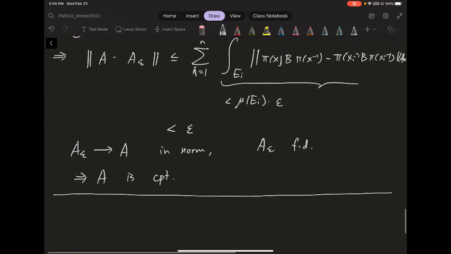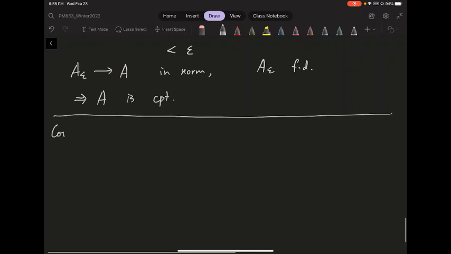Well, as an immediate corollary, what we have is the following. So let's think about what happens when π is irreducible. So let's say π from G to B(H_π) is irreducible, and G is compact.